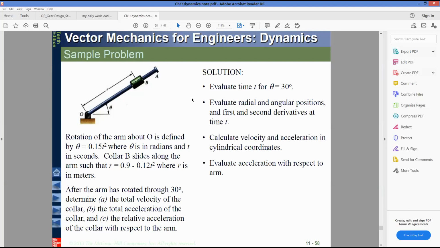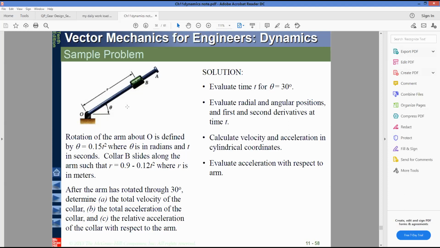So in this numerical problem, which is visible here, this is the rotation of an arm OA, and it will rotate by an angle theta equal to 0.15 t square.